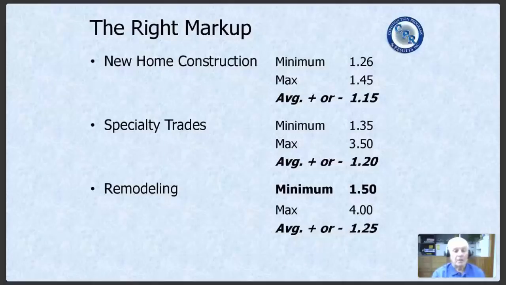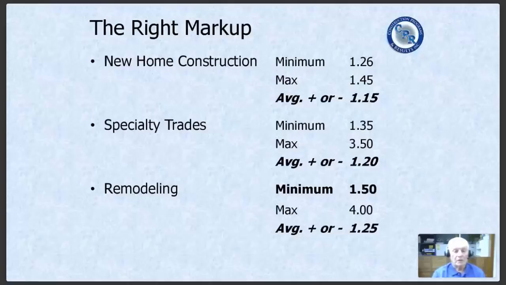Let's talk about remodeling. And this will probably apply to most of the people here. Your minimum markup for your work. I'm not telling you what to mark up your work. I'm telling you what your minimum needs to be. Minimum markup for a remodeling company across the country is 1.50 times your cost.